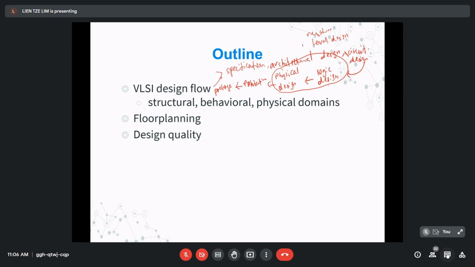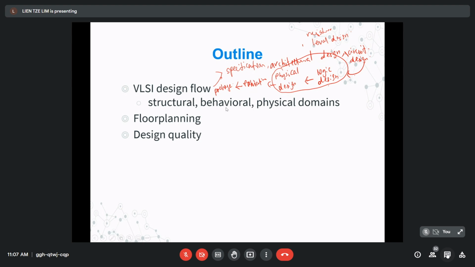All these VLSI design flows are actually represented in three different domains: the structural, behavioral, and physical domains. For example, physical design means that it is in the physical domain.